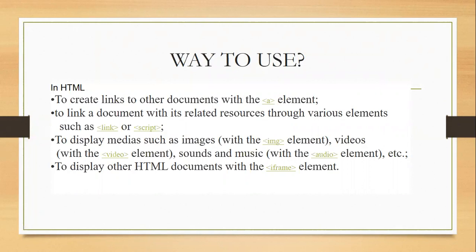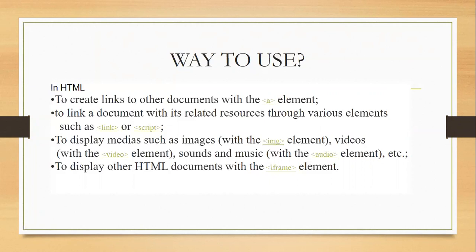Now, how to use that particular URL in a web page? In HTML, to create a link in our document or in another document, we need an anchor tag. An anchor tag is mentioned with the help of a symbol in HTML, and there are some other ways to mention it in different languages.